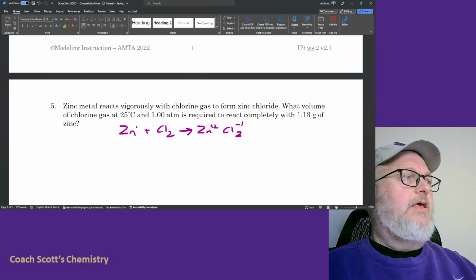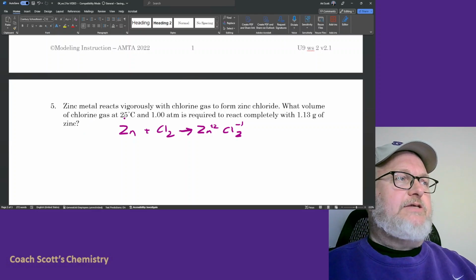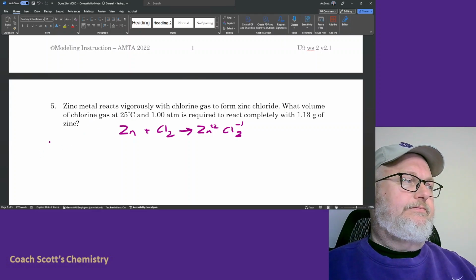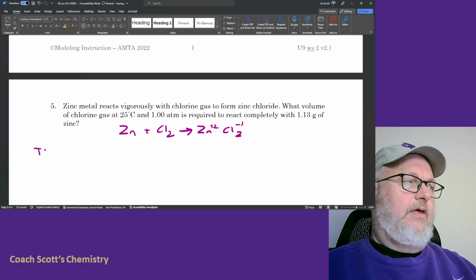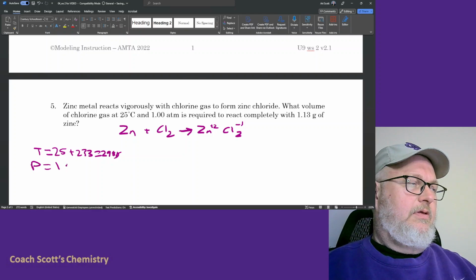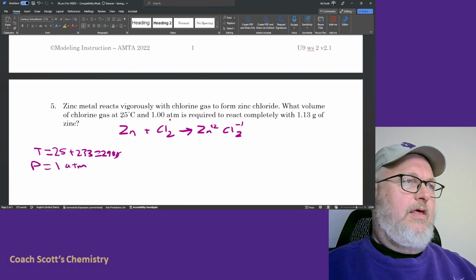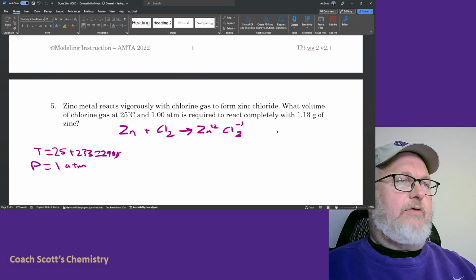Okay, cool. So what volume of chlorine gas at 25 degrees C, let's just go ahead and convert it, 25 plus 273 equals 298 K, and pressure of 1 atmosphere is required to completely react with 1.13 grams of zinc?